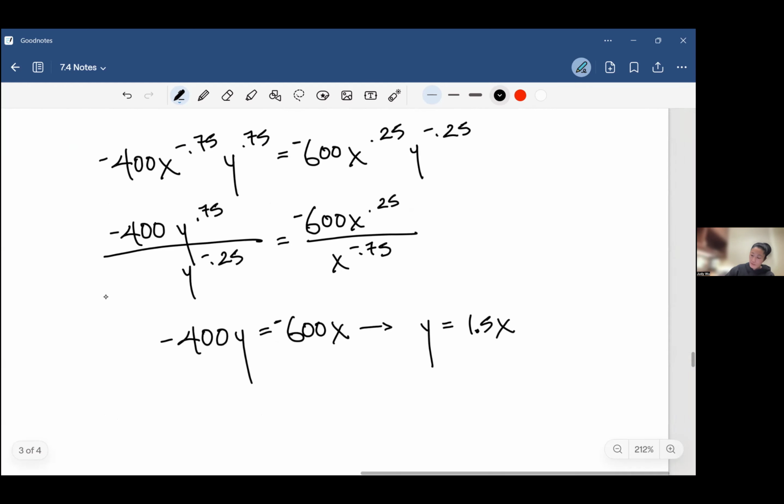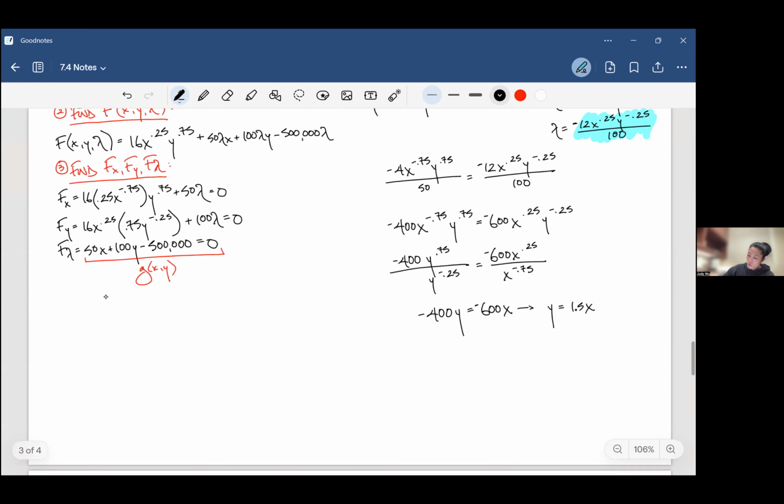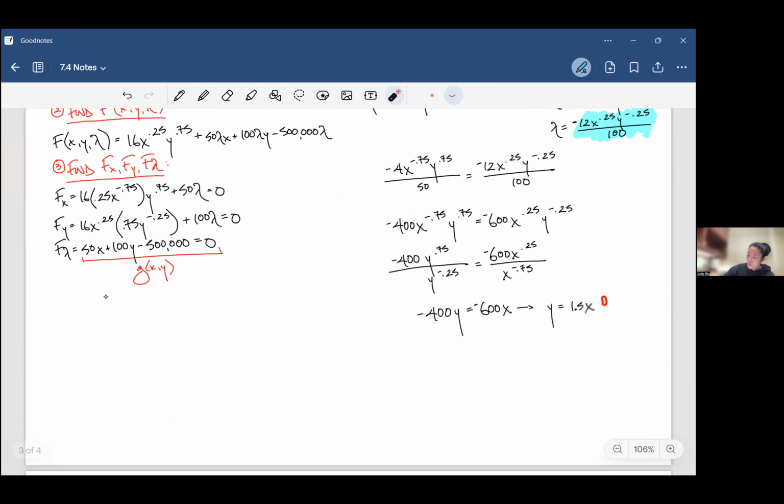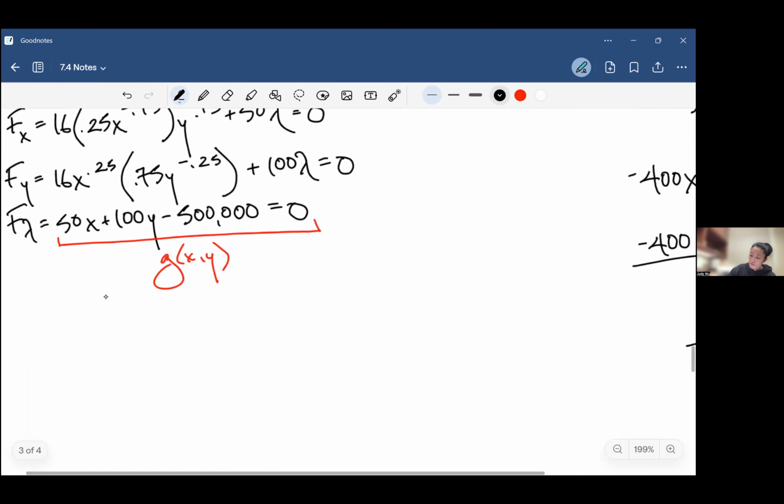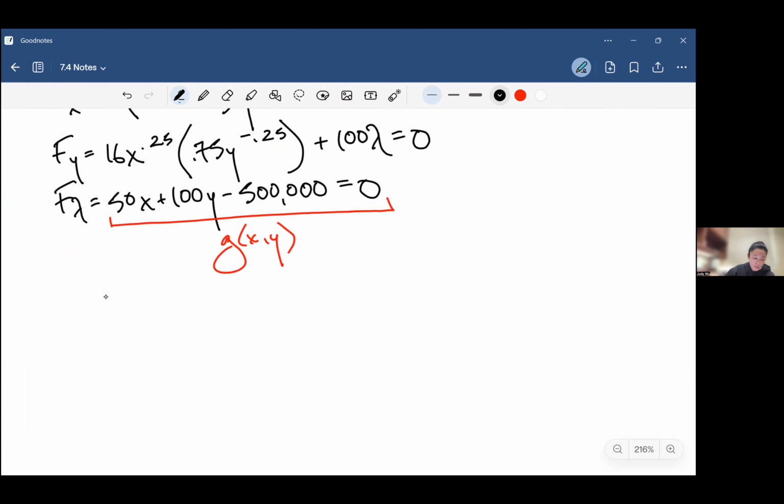But if I solve for y now, I'll get y equals 1.5x, okay? Whew. Now we'll take y equals 1.5x and we'll plug it into our f lambda. And that should be enough to get us to a value for x and then a value for y, okay?